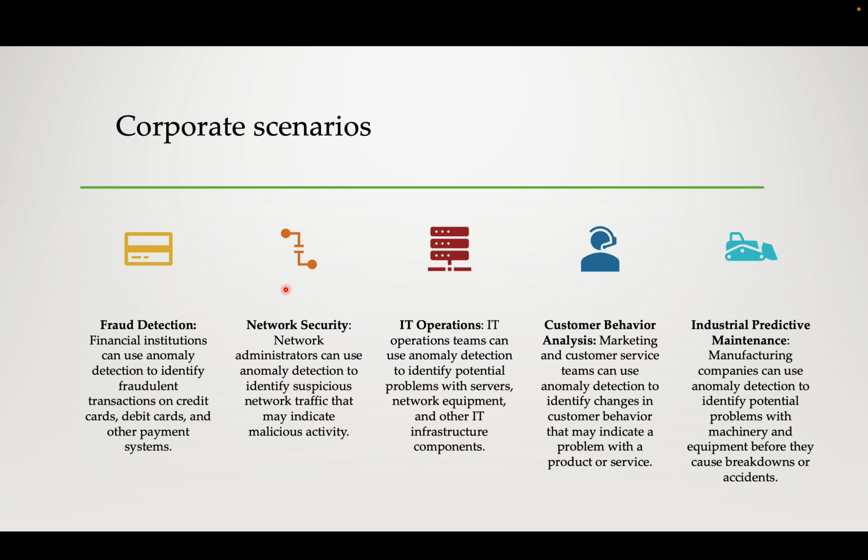Network security. If you are a network administrator, you will definitely like to use anomaly detection to identify suspicious network traffic that may indicate malicious activity. For example, if a user on a network suddenly starts making a large number of requests to a foreign IP address, this could be a sign that they are attempting to access unauthorized data or spread malware.